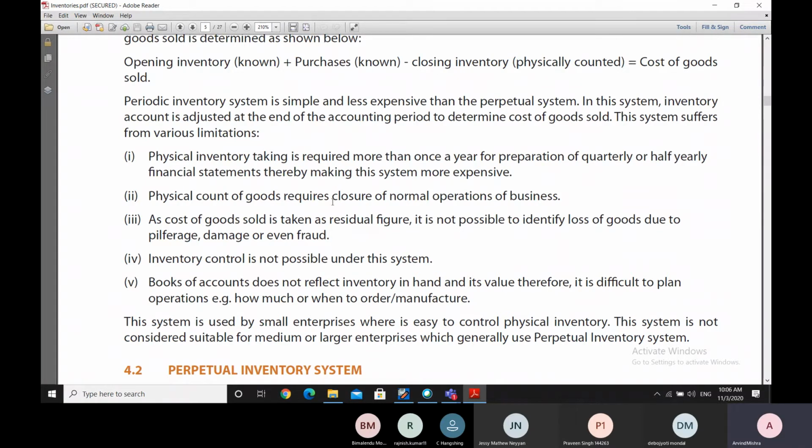as cost of goods sold is taken as the residual figure, it is not possible to identify the loss of goods due to pilferage, damage, or even fraud. So if some items are lost due to pilferage or due to damage or even due to fraud, it does not become possible to identify such loss of goods because cost of goods sold is taken as the residual figure.